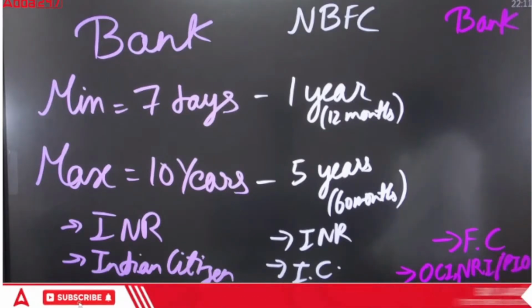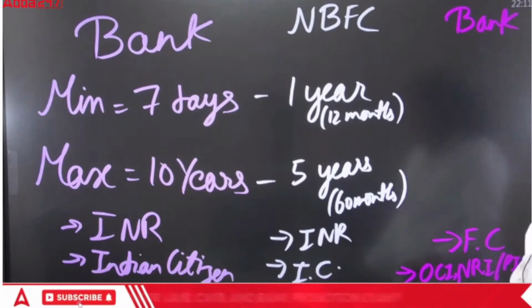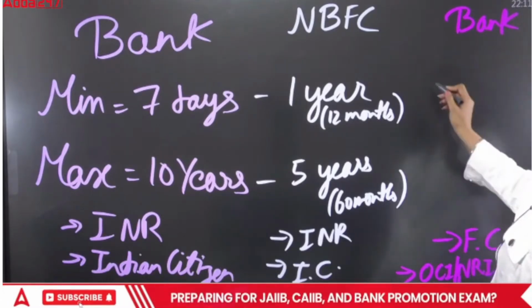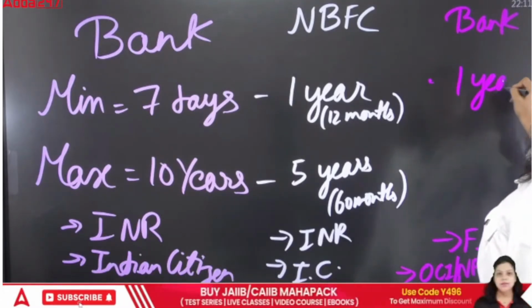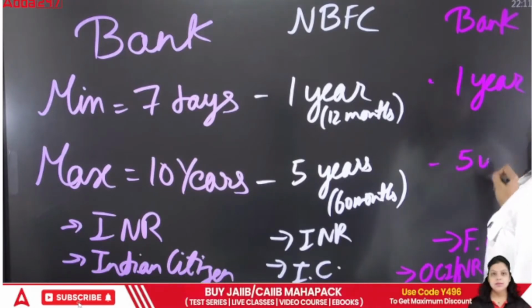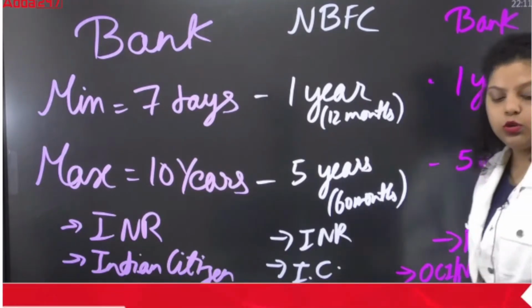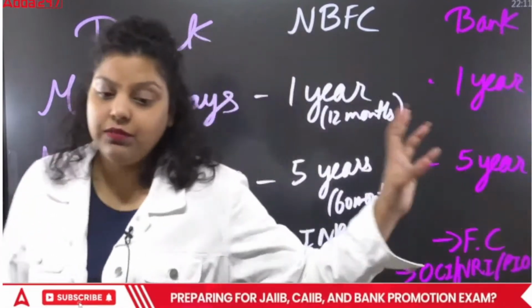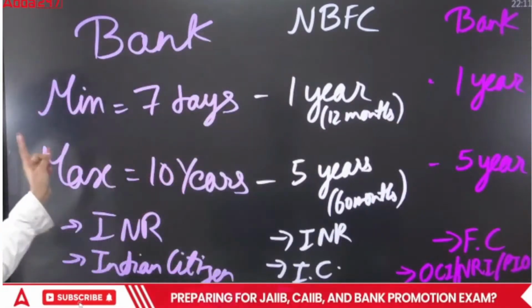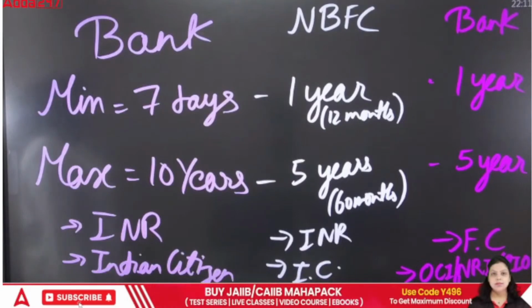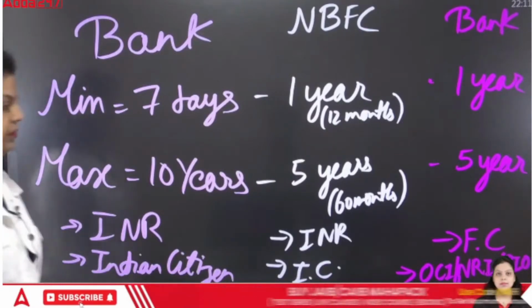If the foreign currency FD is opened by any of these, the minimum duration will be 1 year and the maximum duration will be 5 years. Clear? So do remember that the tenure of the FD will be different in these three conditions. Okay, next.